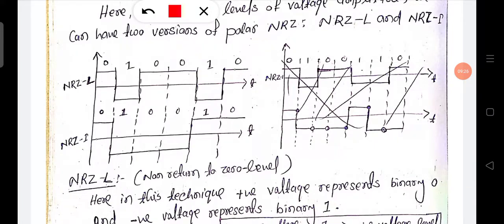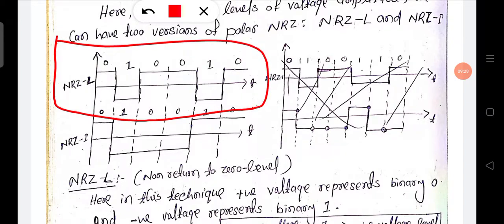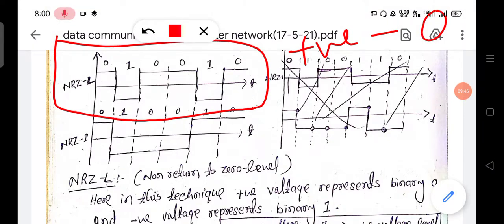Here is the non-return to zero inverted waveform. You can see this waveform is non-return to zero level, NRZ-L. Here positive voltage is represented by binary 0, and negative voltage is represented by binary 1.